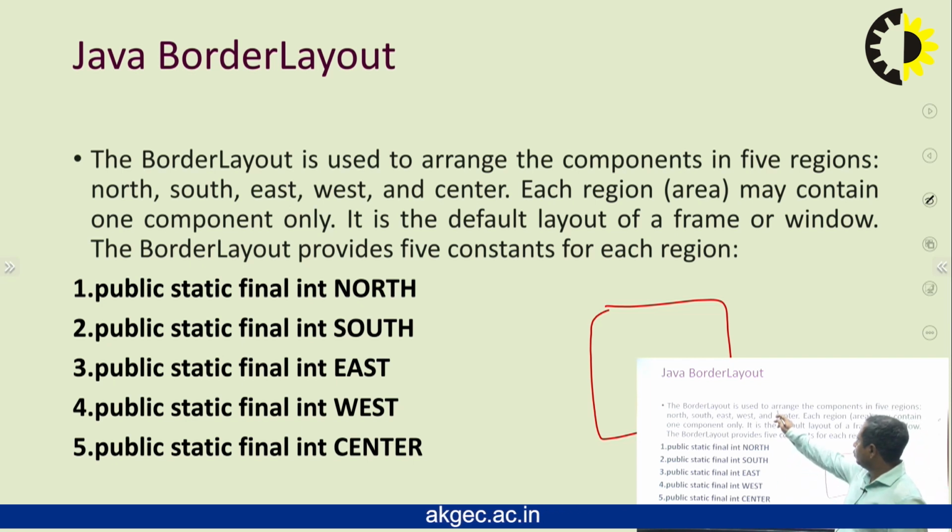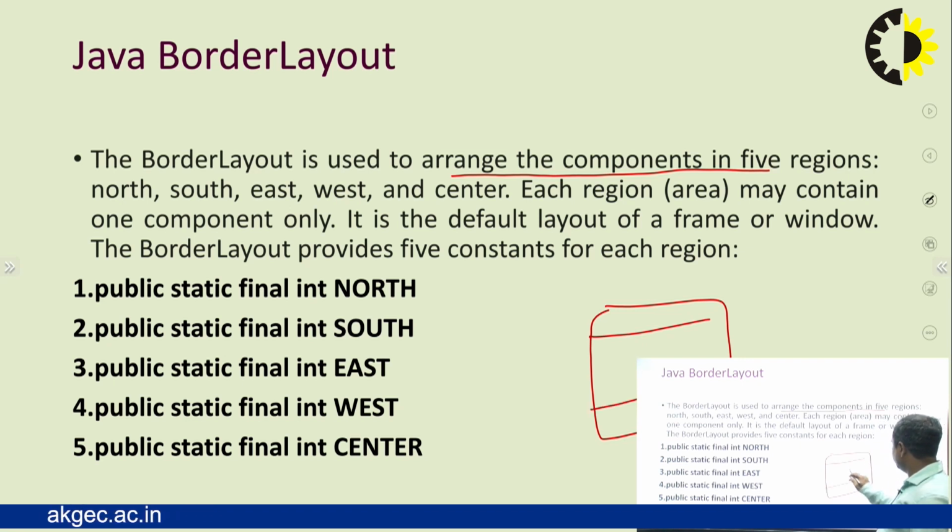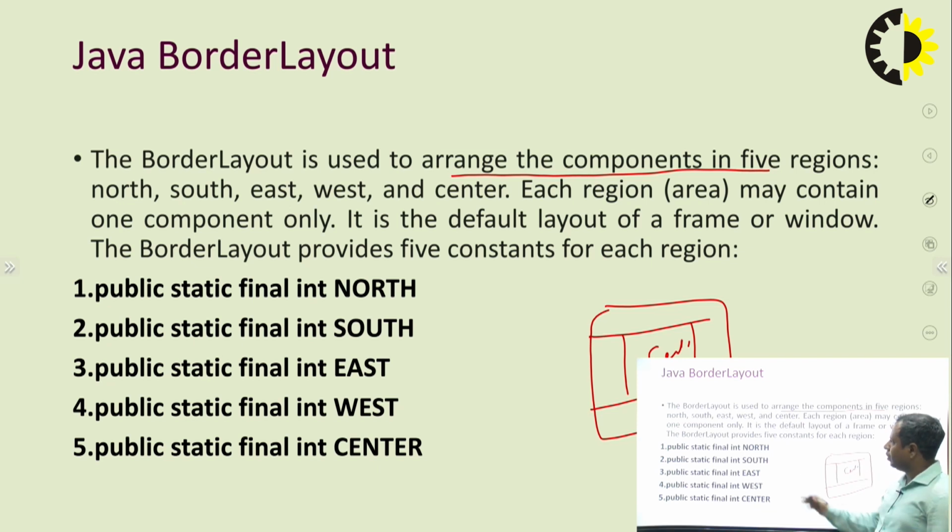The BorderLayout is used to arrange the components in 5 regions: north, south, east, west and center. Each region area may contain one component only. It is the default layout of a frame or window.